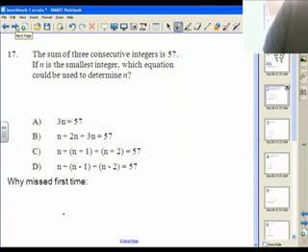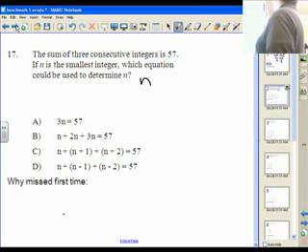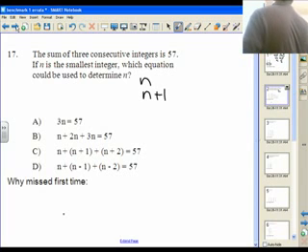All right. So, 17. The sum of 3 consecutive integers is 57. N is the smallest integer. What would be the equation used to determine it? Well, first let's think about that. If n is the first integer, the next integer would be n plus 1.